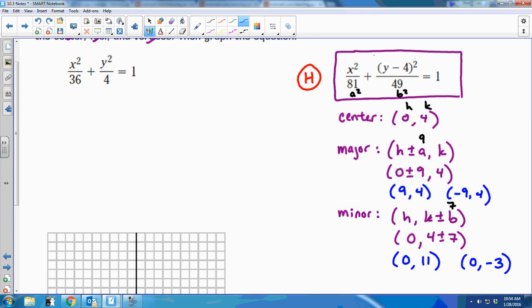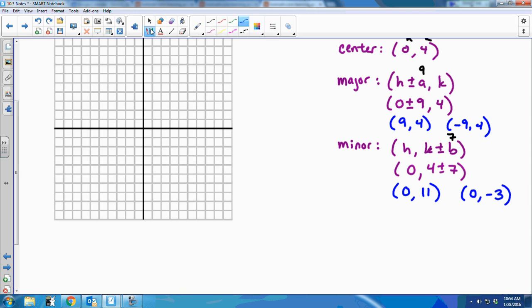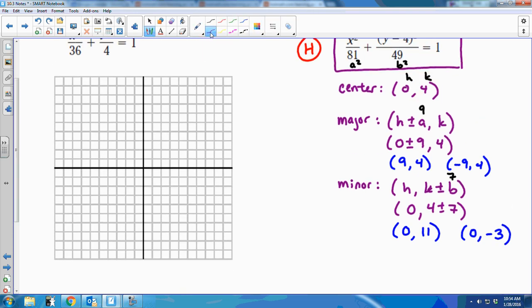So we're going to graph this quickly. Oh, this is from earlier. All right, I'm going to move this up here so I can see it. Our center's at 0, 4, so that's right there.